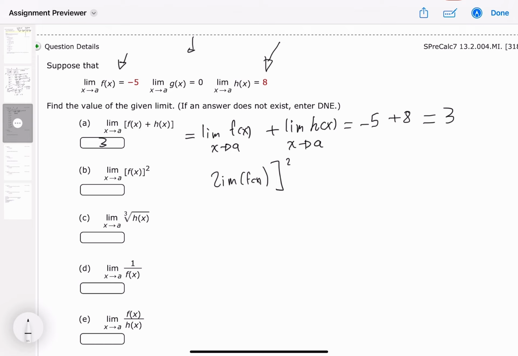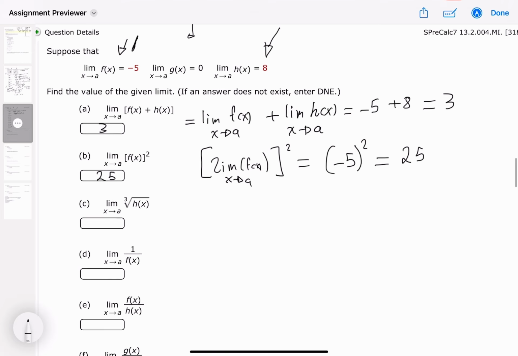Like this, as x approaches a. I now know the limit of f of x, which is here. That is -5, squared. What is a negative number squared? A positive number. 5 times 5, 25. So this limit approaches 25.